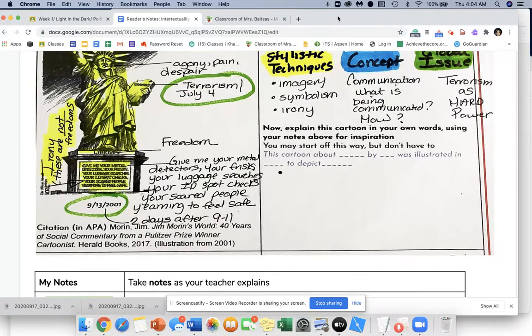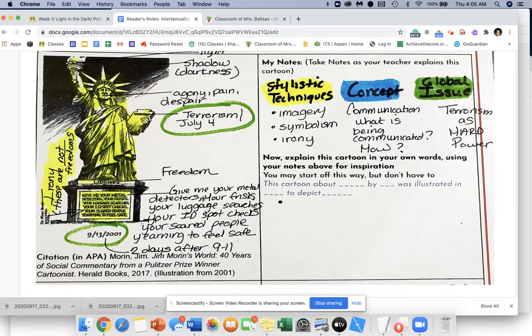Okay, so I've rewritten what is on this pedestal here for you to get a better idea of how this is not freedom. If you read: give me your metal detectors, your frisks, your luggage searches, your ID spot checks, your scared people yearning to feel safe. Not freedom there, right?